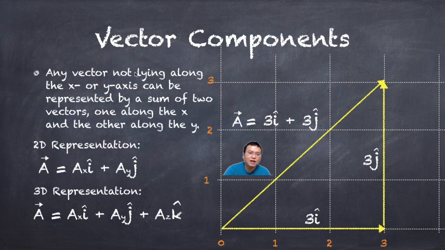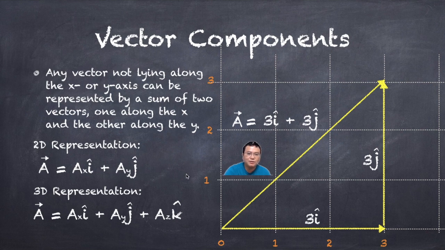Any vector not lying along the x or the y axis can be represented by the sum of two vectors, one along the x-axis and the other along the y-axis, like I explained earlier. So the 2D representation is this right here, the x component and the y component.